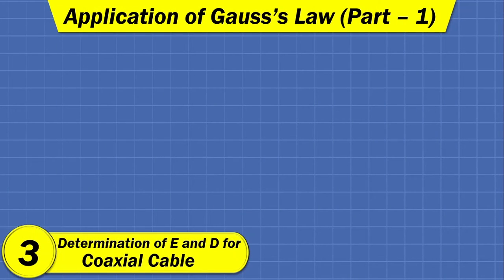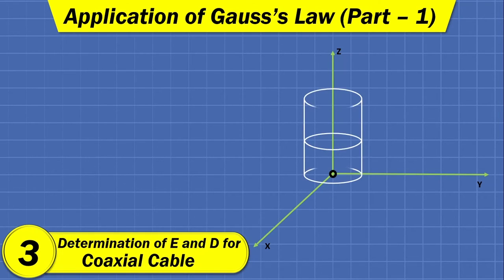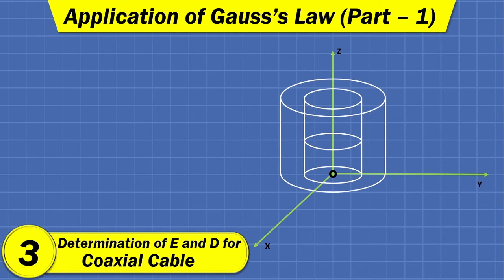Now for the third case, we are having a coaxial cable. So we know that the construction of coaxial cable is such that we'll have an inner conductor, then some insulating material, and then again a metallic surface or say bedding or armoring of the conductor, which will make the coaxial cable. Fine.